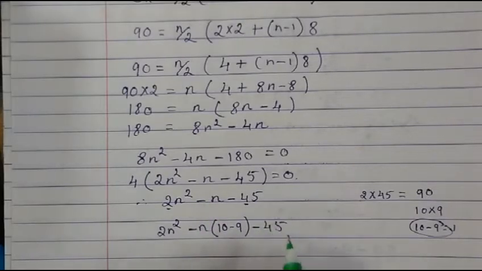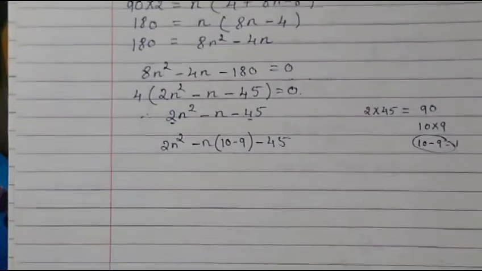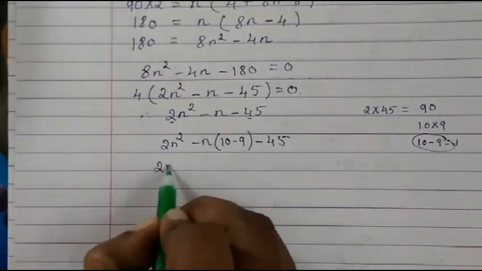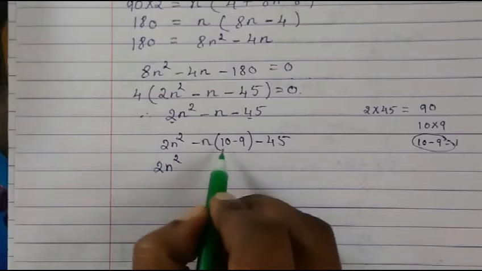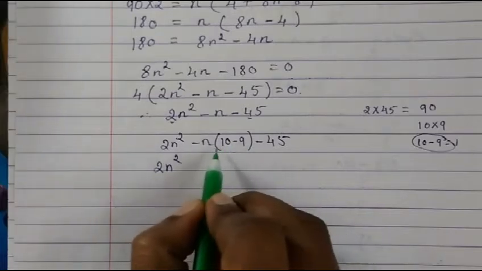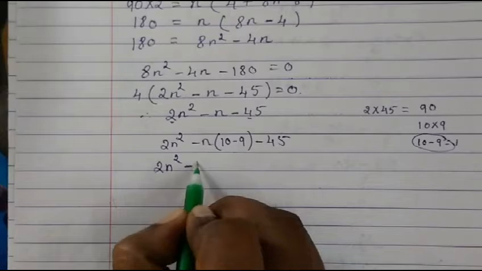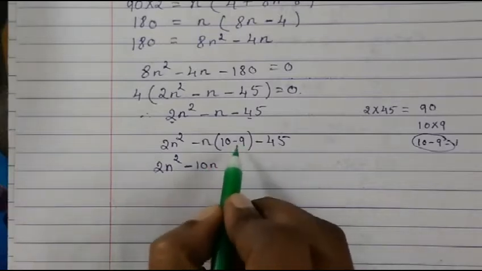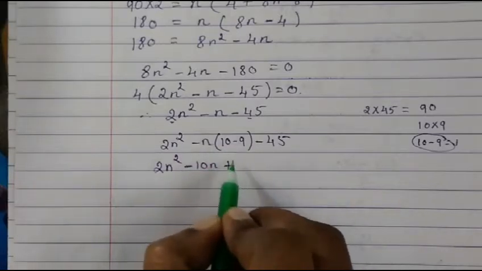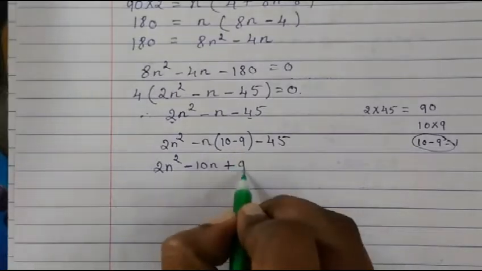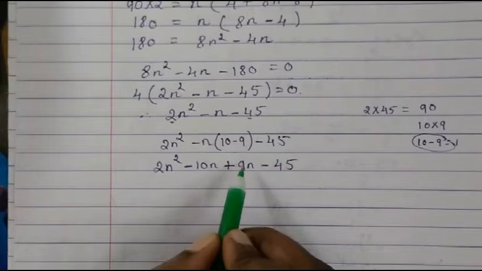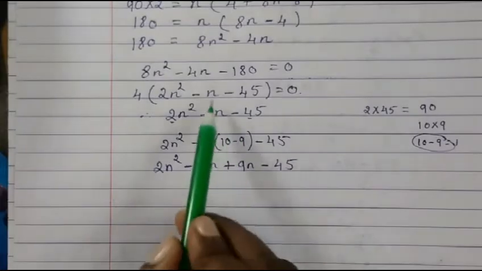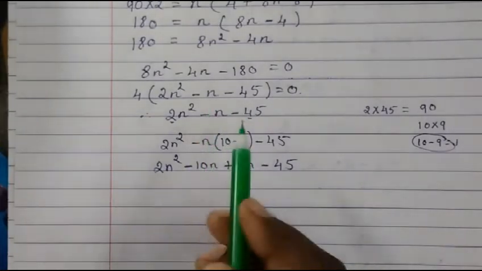Then minus 45. So now 2n square, this will give us minus n into 10 will give us minus 10n, then minus into minus plus n into 9 will give us 9n, minus 45. You see, minus 10n plus 9n will give us minus 1n.